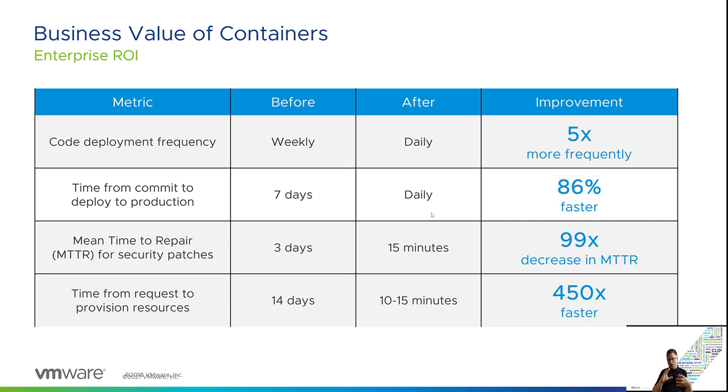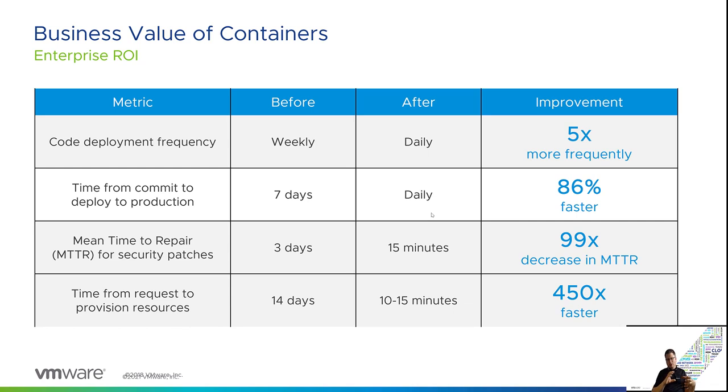With the new technologies, you have a more frequent development and deployment cycle. It might be daily, but it could even be hourly or by the minute that new code is applied, deployed, and tested. So the time to production, from development over the commit to being deployed in production, is reduced dramatically.